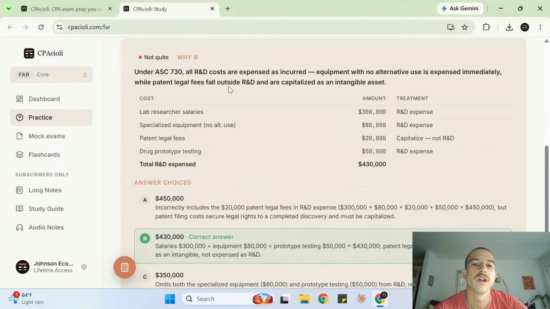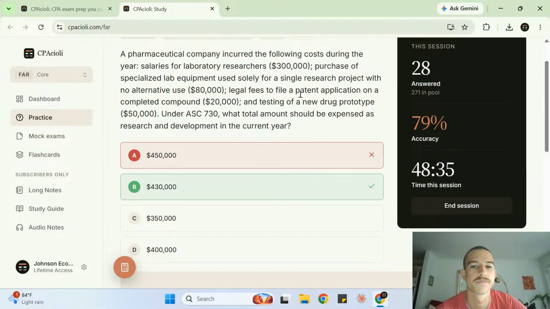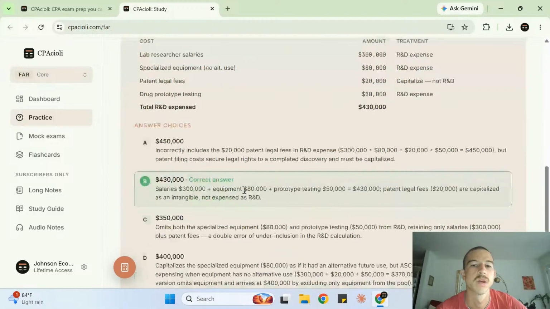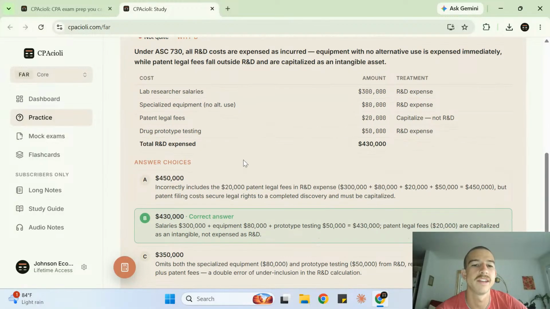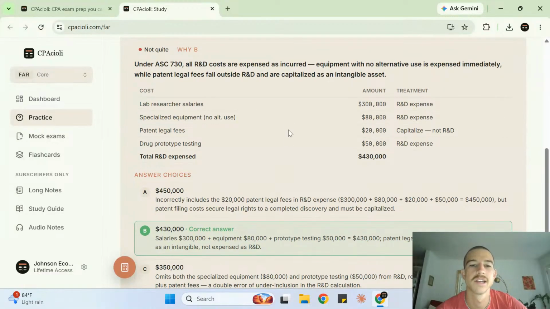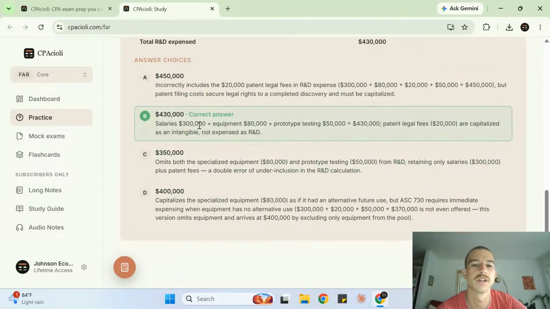All research and development costs are expenses incurred; equipment with no alternative use is expensed immediately, while patent legal fees fall outside of research and development and are capitalized as an intangible asset. So patent legal fees, okay, patent legal fees of $20,000 are capitalized, not research and development.